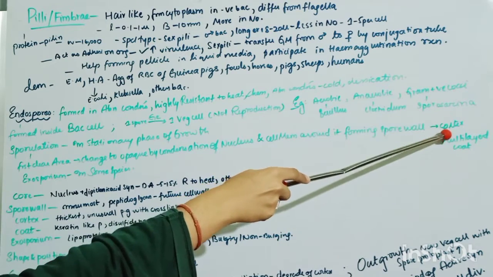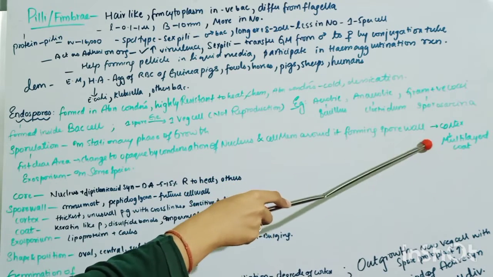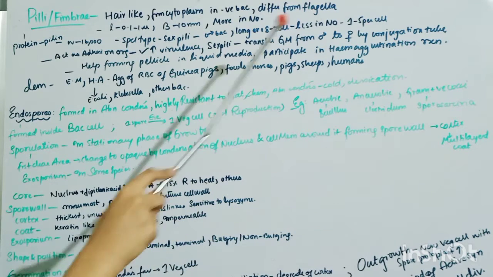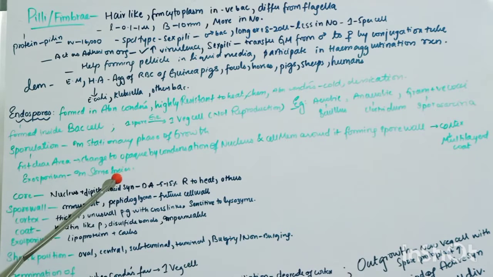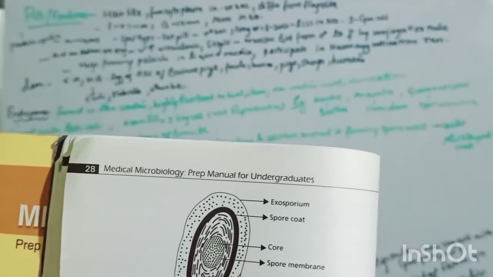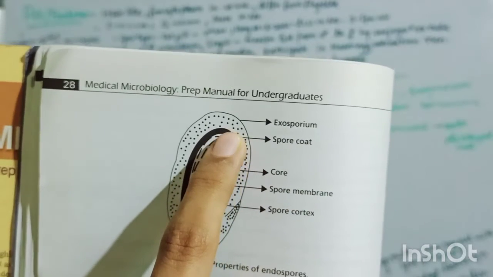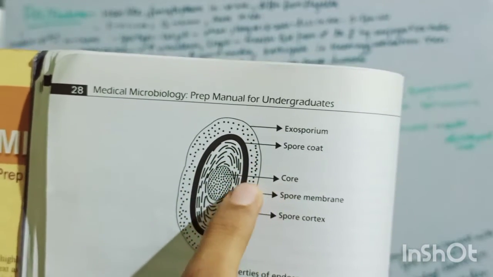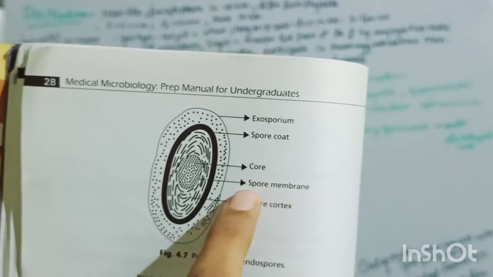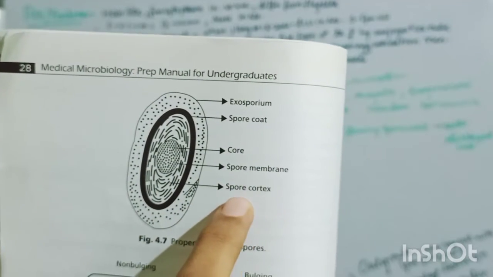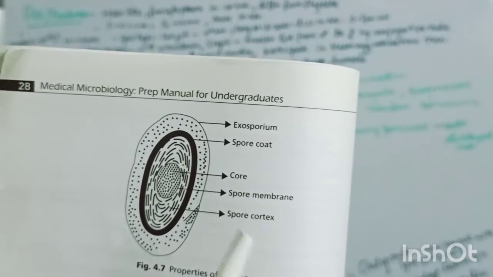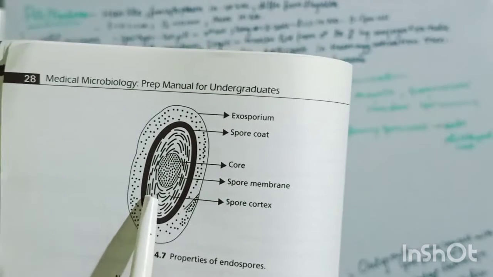Next the cortex forms, and next the multi-layered coat forms. In some species even the exosporium is present. The outermost layer is the exosporium. Inside it you can see the spore coat, then the core, the spore membrane, and also the spore cortex.